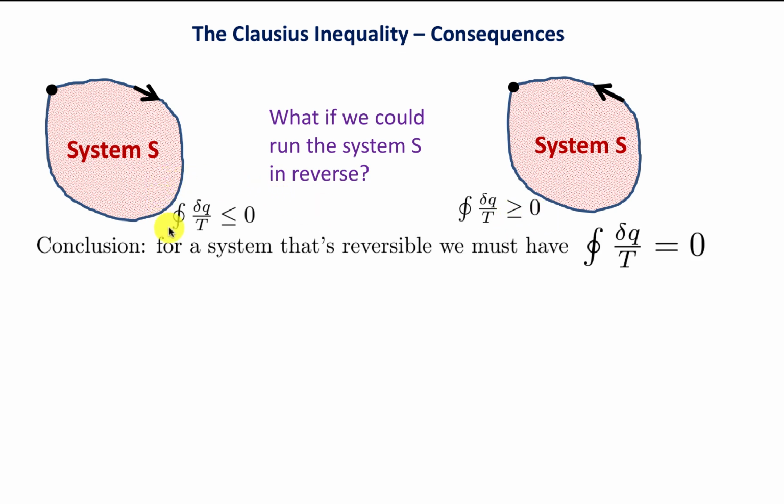If something is less than or equal to 0 and it is greater than or equal to 0, there's only one solution, which is that that quantity has to be exactly 0. For a reversible system, this has to hold true. Let's see what that means.